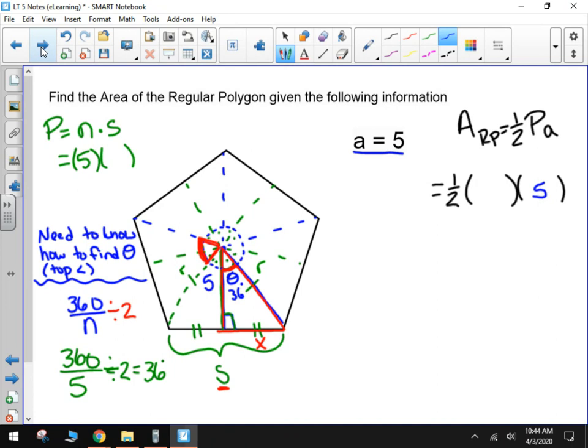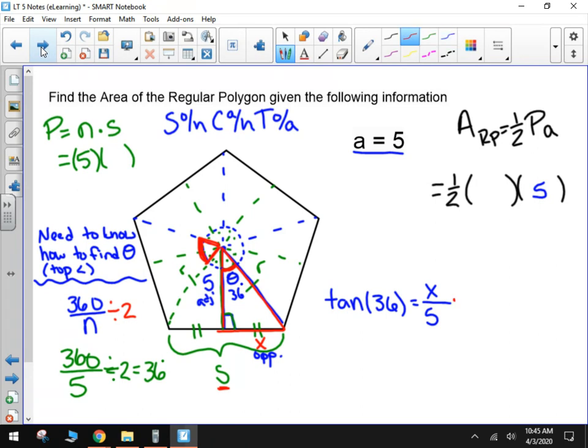Now I can use SOHCAHTOA to find x. I have the adjacent side and the opposite. Opposite and adjacent is tangent. So I take tangent of 36, my opposite x over my adjacent, which is 5.